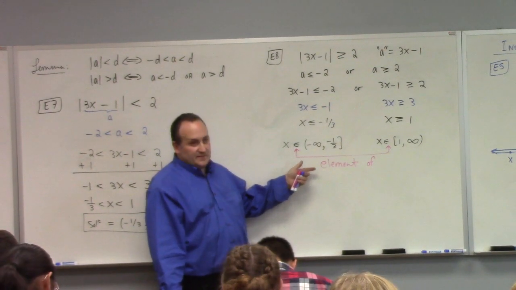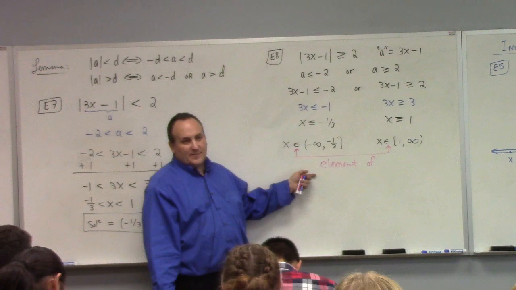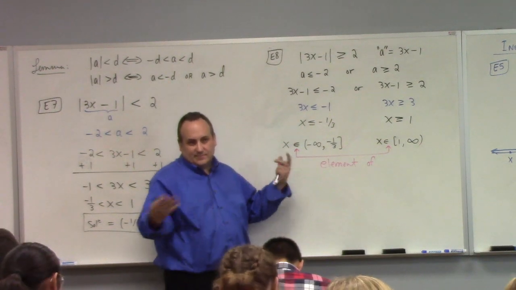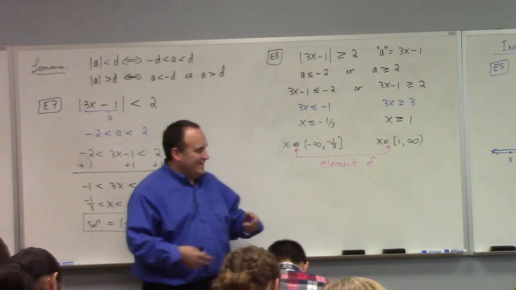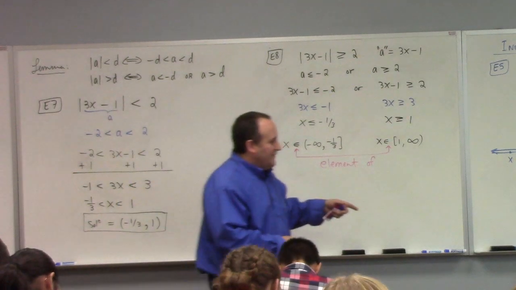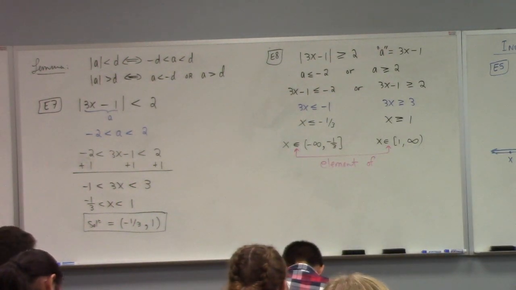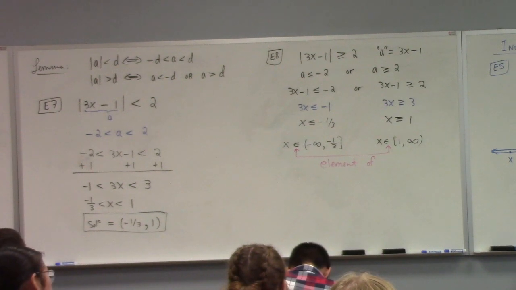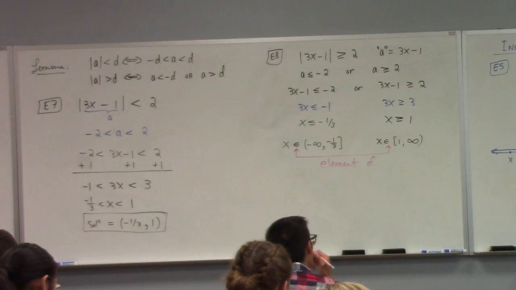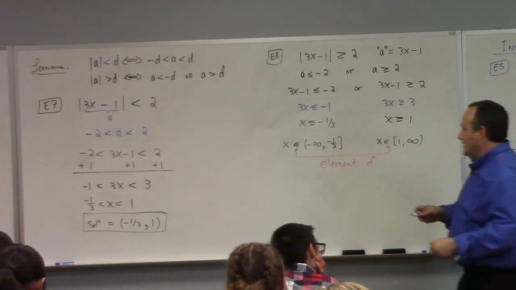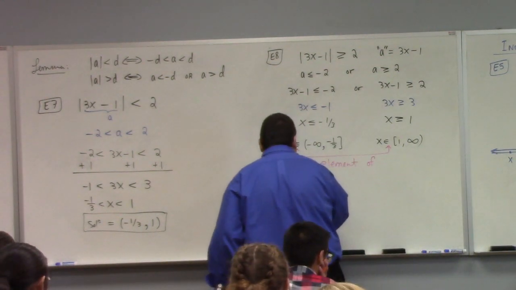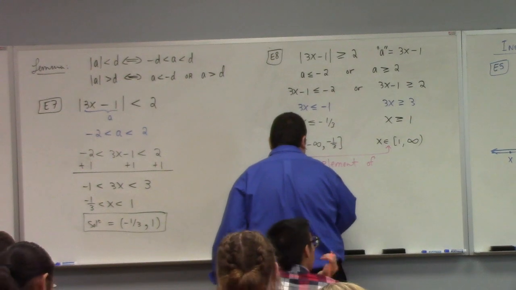So, element of. That means it's in the set. I was careful to use the word in over there. I was fighting everything in my being to not say, like, element, x is in. I wanted so much to write element here, but I didn't, for you guys. All right? So the solution here is what?